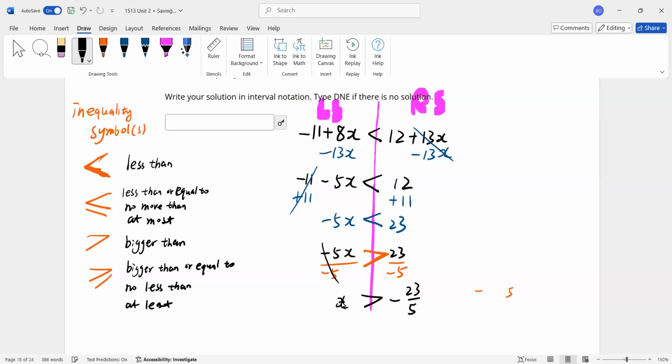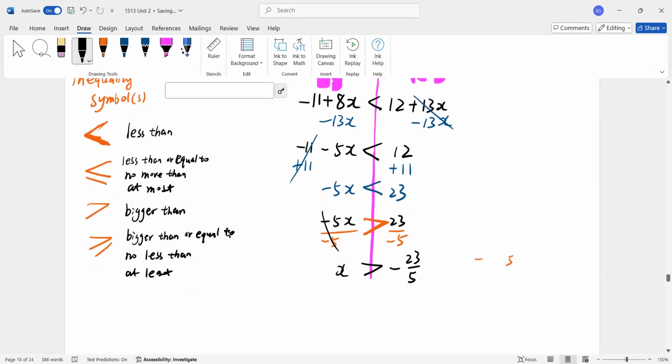Okay? And then most of the time, the problem asks you to write the solution set of an inequality in interval notation. So how do you do that? How do you proceed from here? So, explaining our solutions. When we solve an inequality, the majority of the time, the solution is not just one. It's not just one solution.